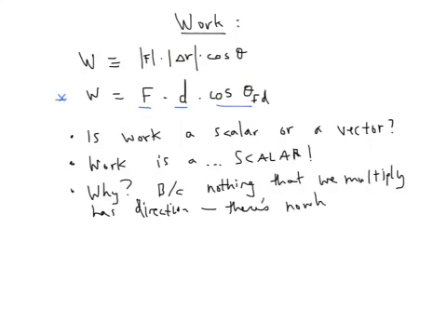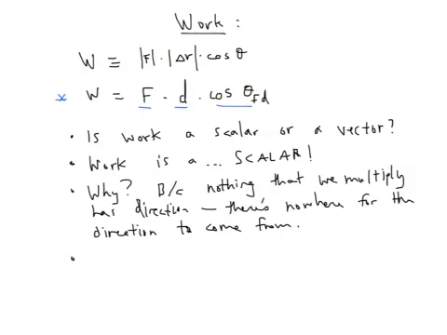There is nowhere for the direction to come from. In other words, what would the direction be? If none of these have direction, then there's nowhere for the work to get its direction. Okay, I think that's sufficiently clear.